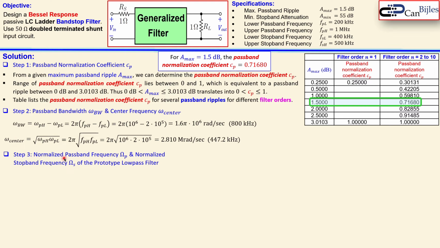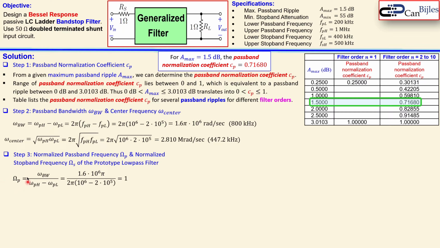Step 3 is now the normalized passband frequency and also the normalized stop band frequency of this prototype low pass filter. Again, remember, we always start with the design of a low pass filter and then transform that to a band stop filter, or maybe a band pass filter or a high pass filter. So the base is always the low pass filter design.